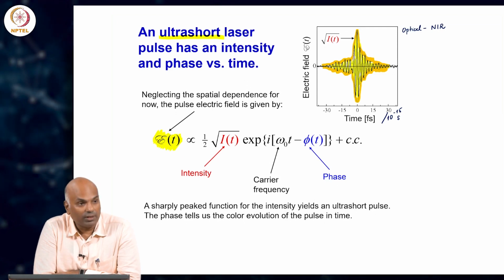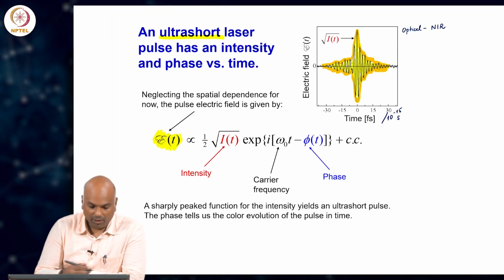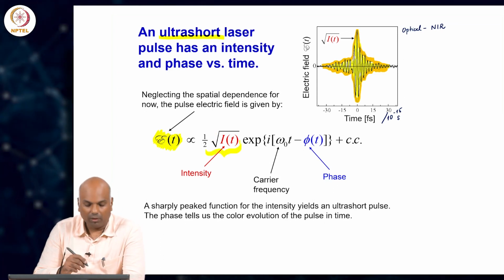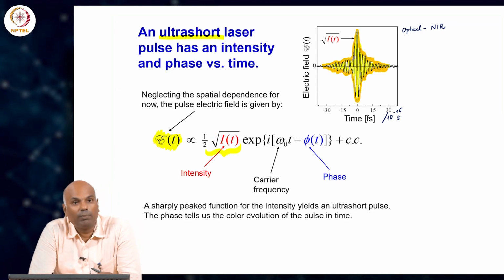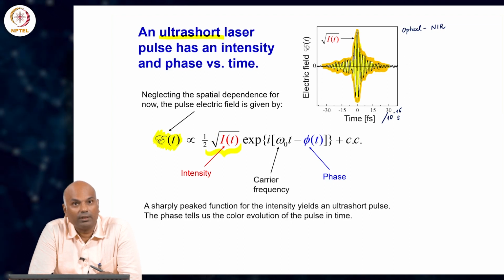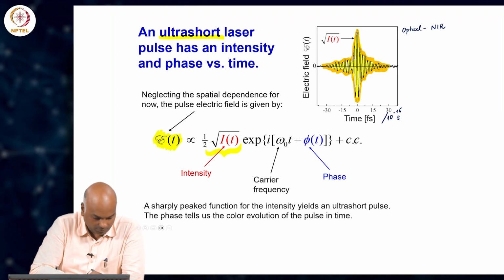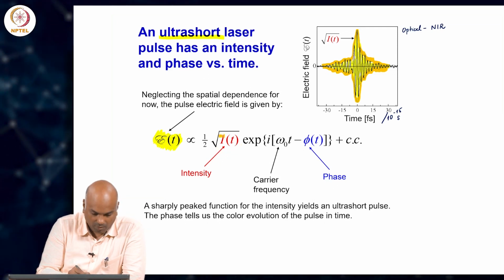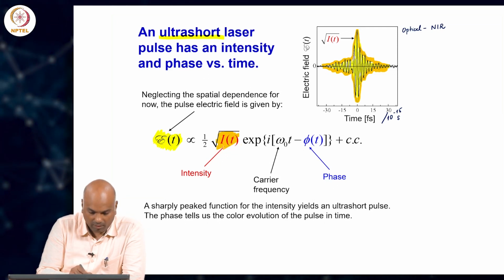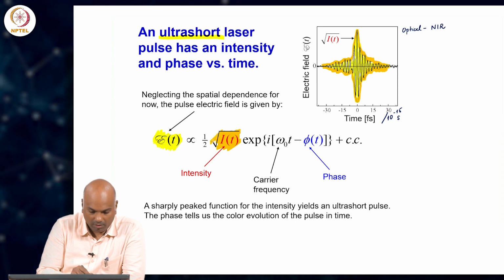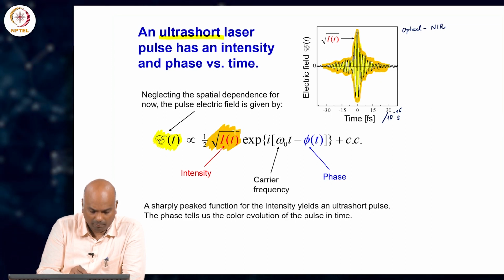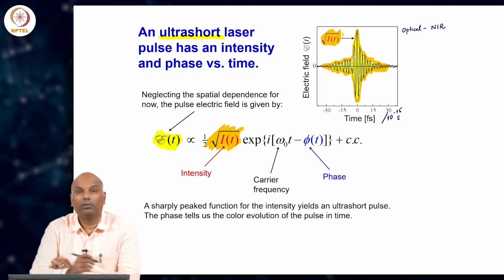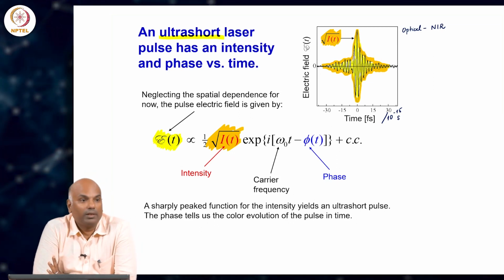E of t is always the electric field. So, here it has an envelope which I denote by the square root of I t. The square root of I t is the envelope of this pulse. It is square root of I t everywhere, right. That is the envelope.